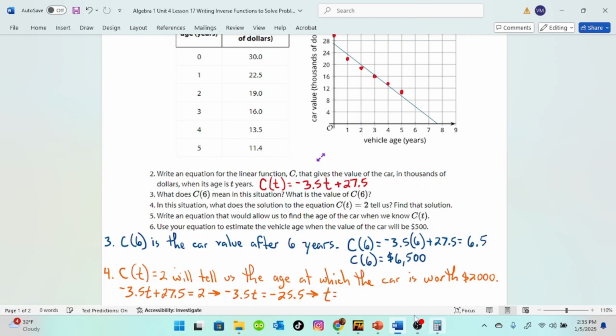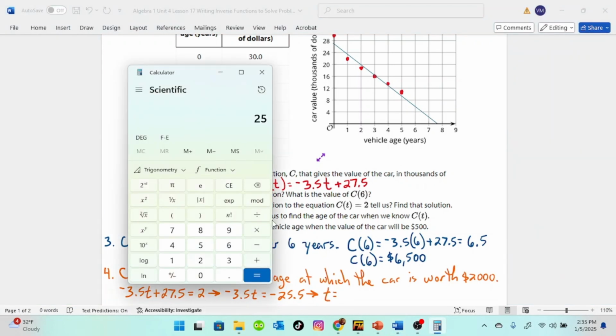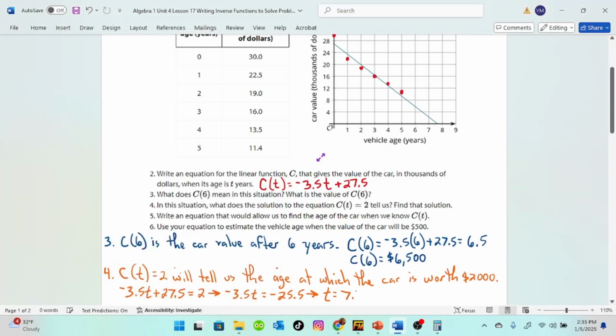And that would give us approximately 7.3 if we round. So 7.3 years. This is the time when the car would be worth $2,000.